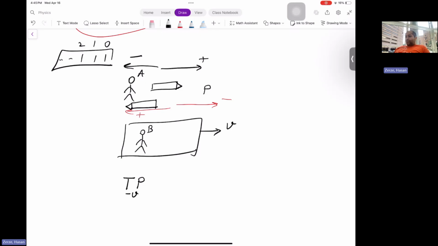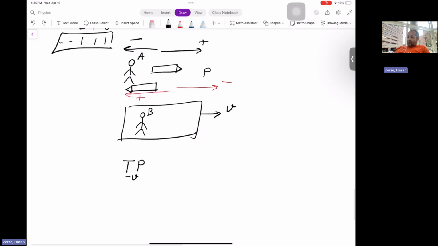Okay. And then I move on to the coordinate system of observer B. Now I flip the coordinate system again. I use another parity operator. And by applying these two parity operators, one in the coordinate frame of observer A and then the coordinate frame of observer B, I obtain a normal Lorentz transformation as if the object is originally moving with a velocity v.